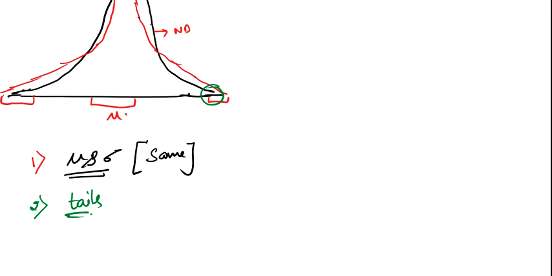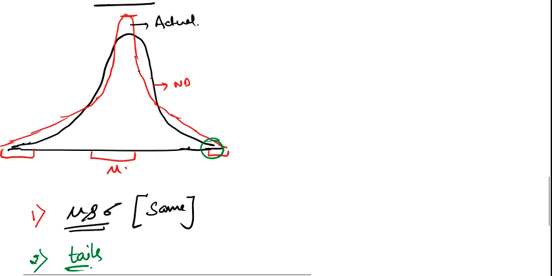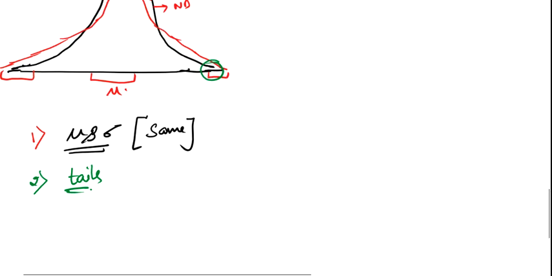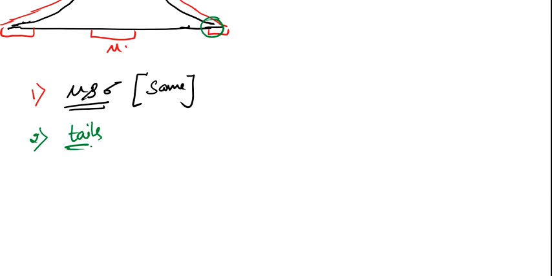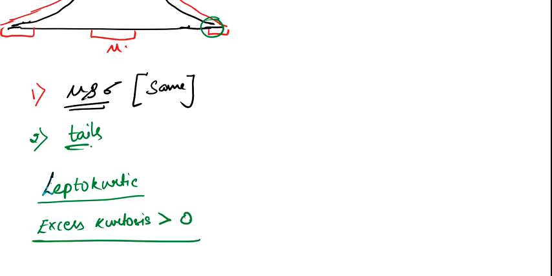So this is one reason why I can say that my data do not follow a normal distribution. Clear? And what kind of kurtosis is this? This is leptokurtic. I am not going to discuss these things again because I have covered them in a very detailed way. So this belongs to leptokurtic, where excess kurtosis is greater than 0.